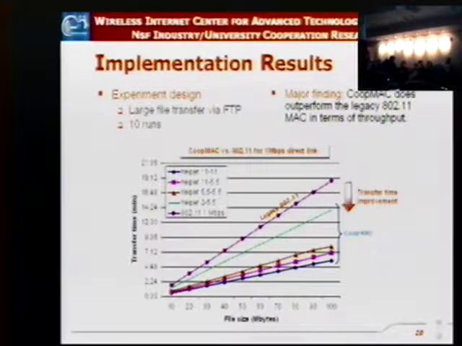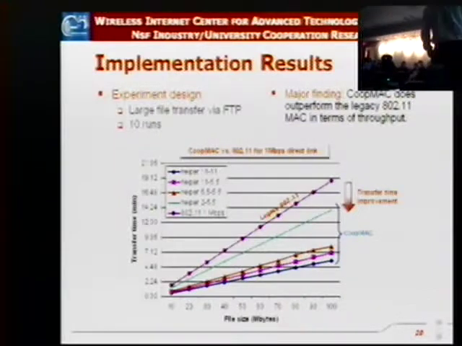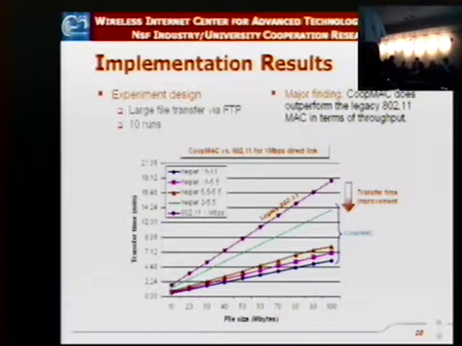In this figure, this is the legacy 802.11 for a 1 Mbps direct link, and these are different helpers with two-hop transmission. As you can see, even with a 5.5 Mbps helper, we have better throughput than the direct transmission.